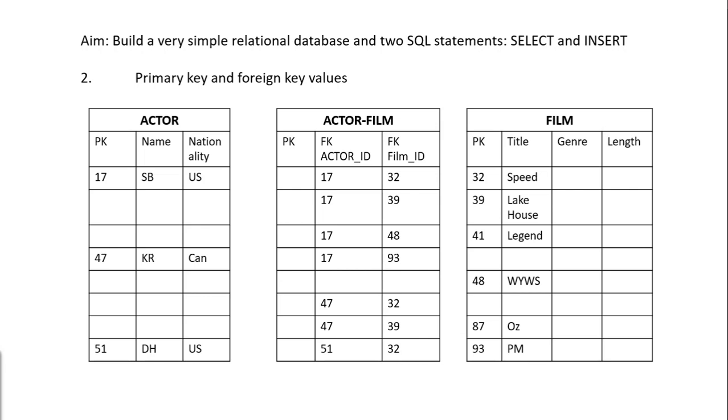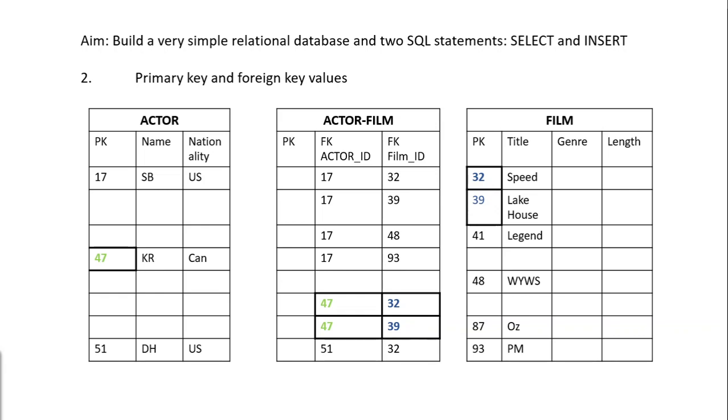Here is an extract from a table representation of this data to see this connection in operation. The actor Keanu Reeves in the actor table has a primary key value of 47. To find which films Keanu Reeves appears in, take his primary key of 47, and find the occurrence of that value within the actor film linking table.